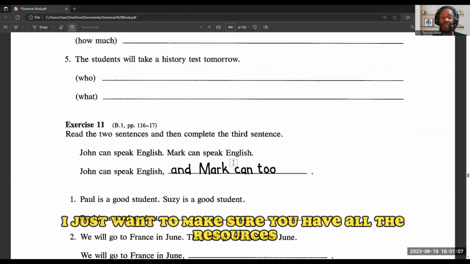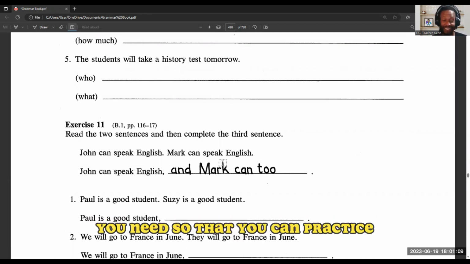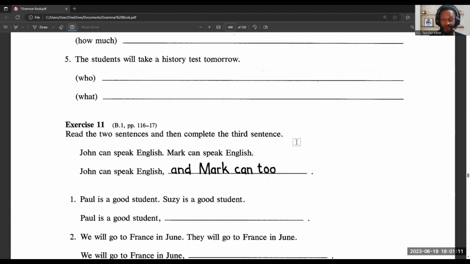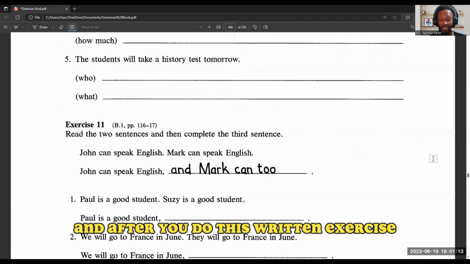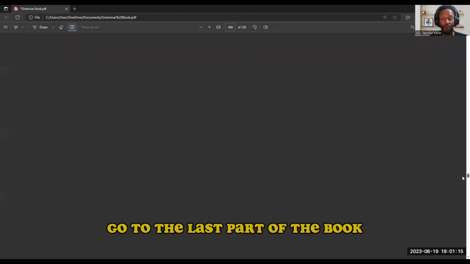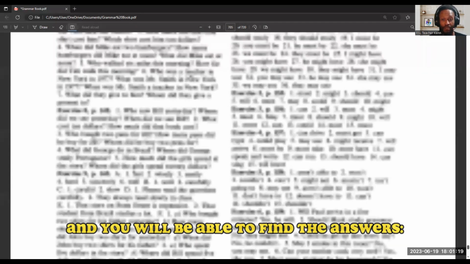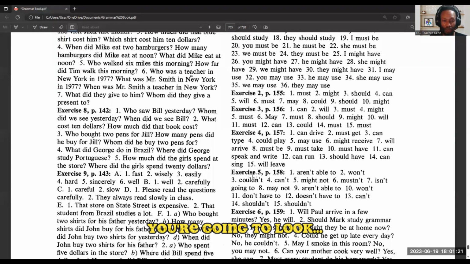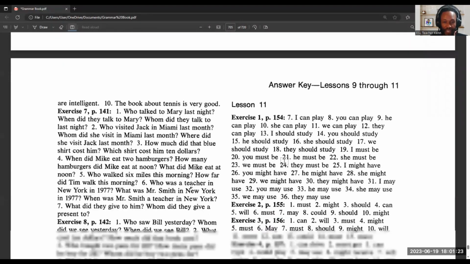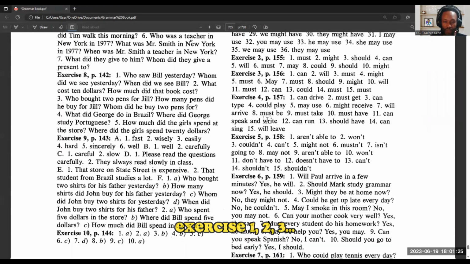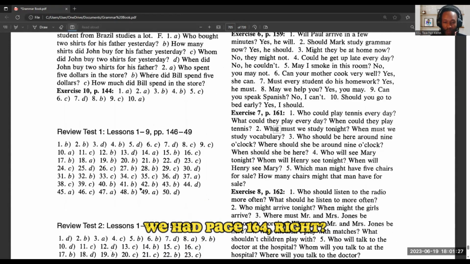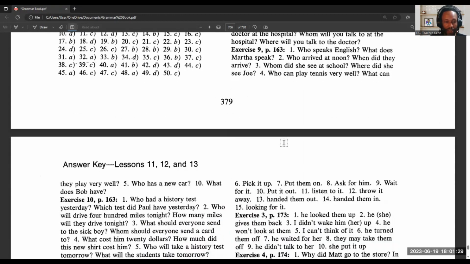I just want to make sure you have all the resources you need so that you can practice. And after you do this written exercise, go to the last part of the book and you will be able to find the answers. You're going to look, you see, lesson 11, exercise 1, 2, 3. We had page 164, right?